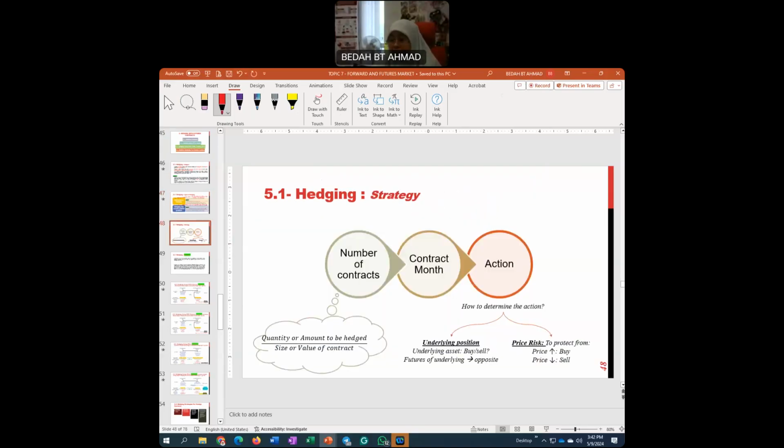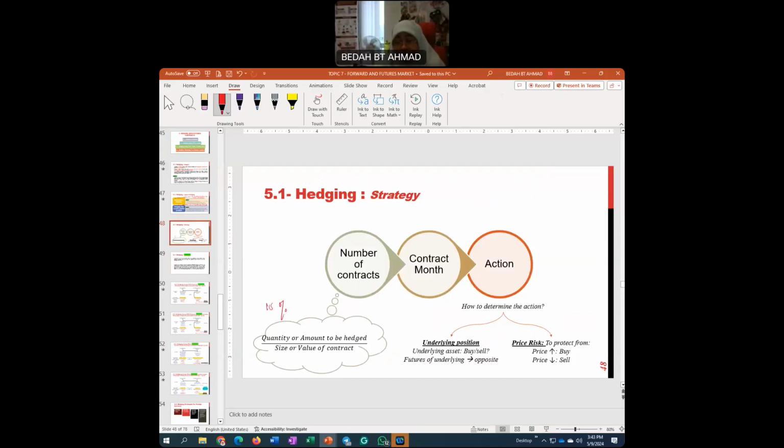So the hedging strategy is similar. You need to know the number of contracts, the contract months, and the action to protect the investment fund from hedging against a share price drop or hedging against a share price rise. The quantity or amount to be hedged depends on the certain percentage that the fund manager wants to hedge.